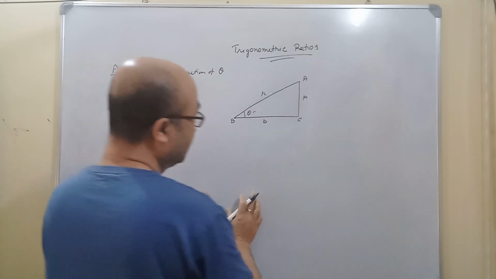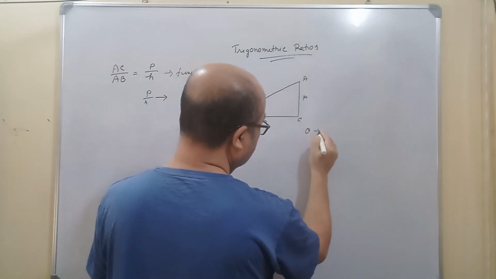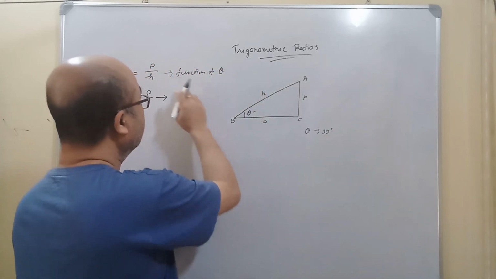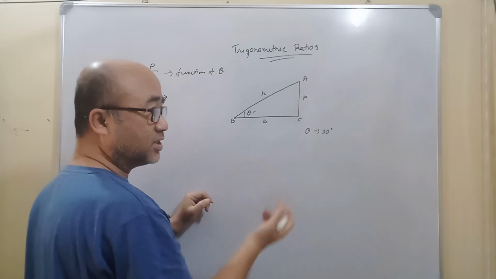Suppose theta is 30 degree, then P by H will have a constant value.